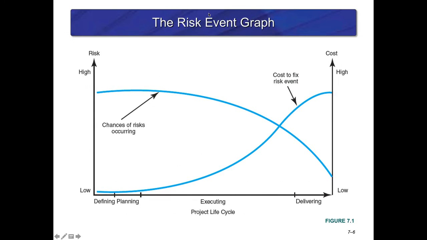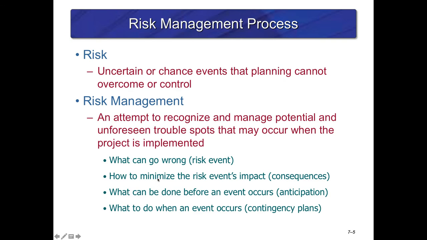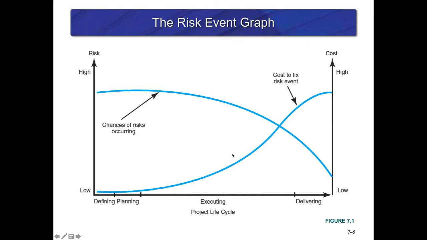All right, so what you see now is what's called the event graph, or the risk event graph. One of the things I want to point out is that as we increase time across the project lifecycle, moving through the defining and planning phases, the chances of the risk event occurring go down.